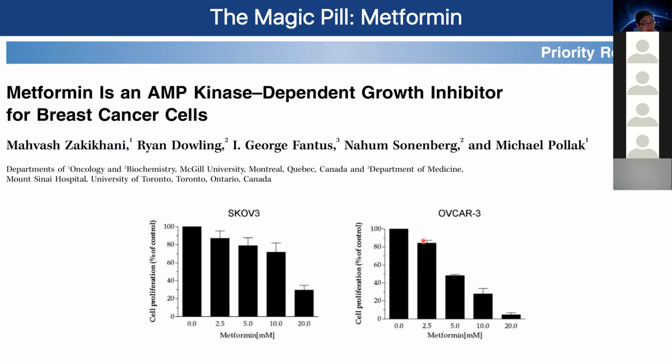For example, I picked a random paper, a cancer research paper. If you look at the concentration they use in their in vitro experiment, they use like 2.5 to 20 millimolar. Right? It's a millimolar. And the first question in my mind would be, is that physiologically relevant?